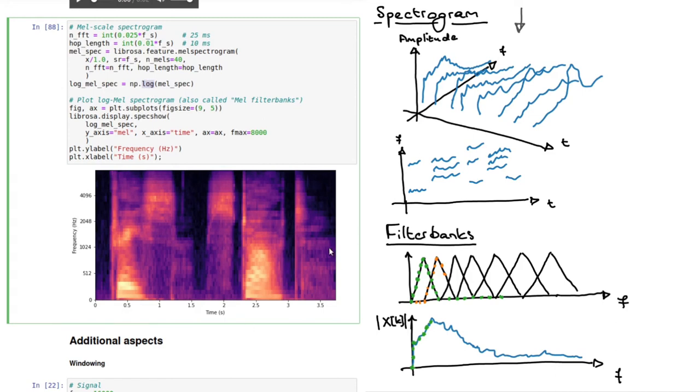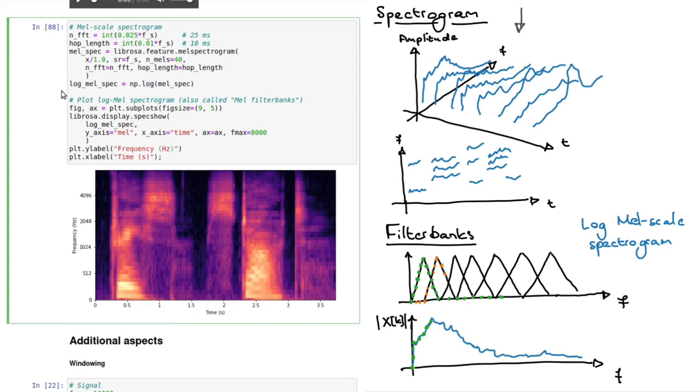So what we've got here is the log Mel scale filter bank. In papers, people would just say I use filter banks, and this is what they mean. Or they might say I used the log Mel Scale Spectrogram, or I used Mel filter banks, and this is really what they mean.